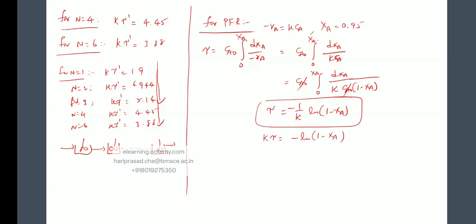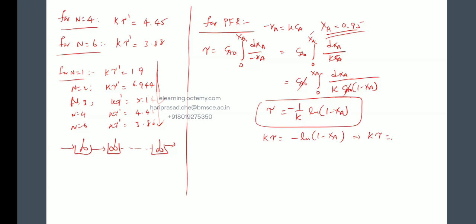Here we consider the integral for 95% conversion. For 95% conversion, if you substitute, what is the value of k tau? It is 2.995.